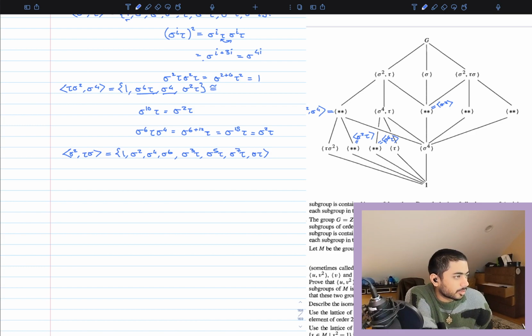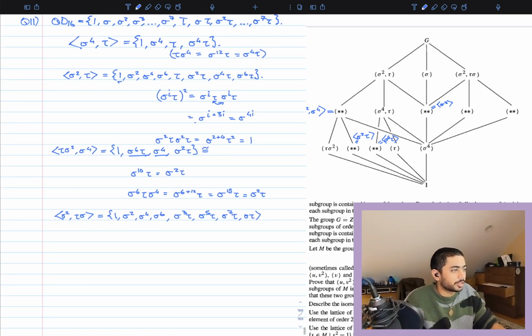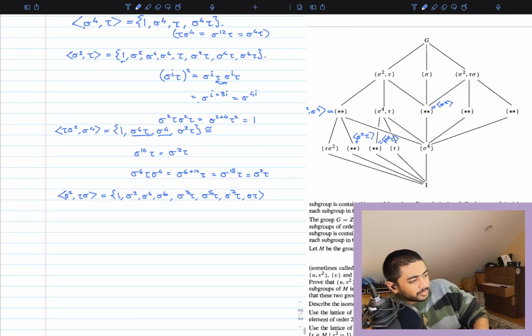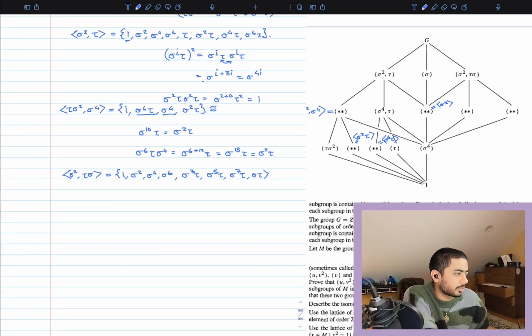Okay, so it's kind of similar in structure to this group, except over here, all the sigmas had even powers attached to the taus, whereas here all the sigmas attached to the taus have odd powers. So it feels very, very similar, at least to me.